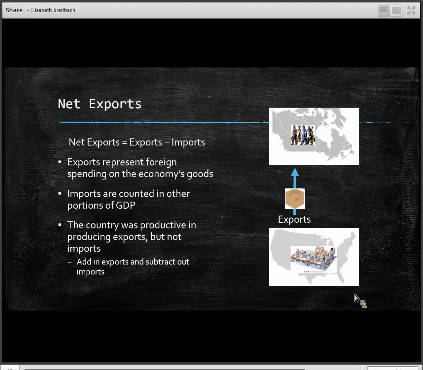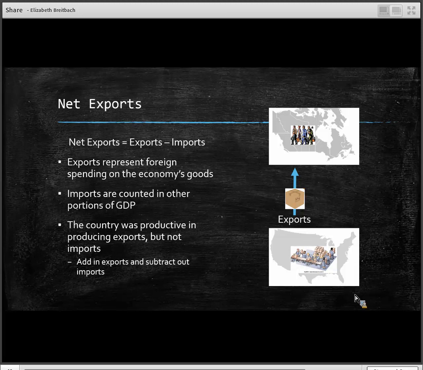But it's not included in any other part of GDP. It's not being consumed by a US household. It's not being consumed or used by a US business. It's not being consumed by the US government. And so even though the United States was being very productive, it's not included in our other three components. So we have to include exports here in net exports. So we add in exports.